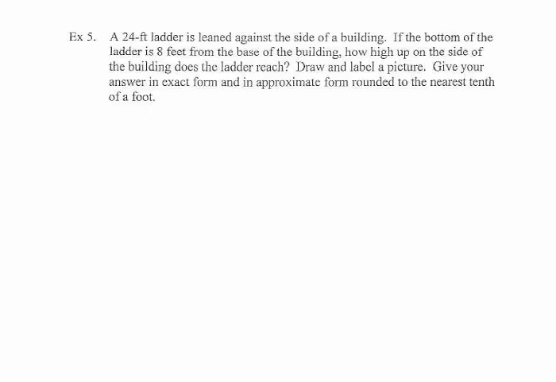The next problem, we have a ladder leaning against a building. You don't have to make your picture too complicated, but it does help sometimes to just draw a picture. Here's the ground, and we're just assuming that the builders knew what they were doing when they built this building, and it goes straight up and the ground is perfectly flat.